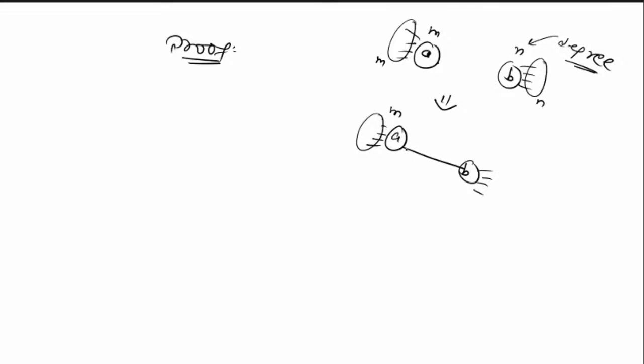Now if I add another edge, what will happen? The degree of vertex A will increase by 1, because already M edges were incident on A, and now one additional edge is incident on vertex A. Similarly, let's come to vertex B. There were already N edges incident on B. After adding this edge, the number of edges incident on B will increase by 1.